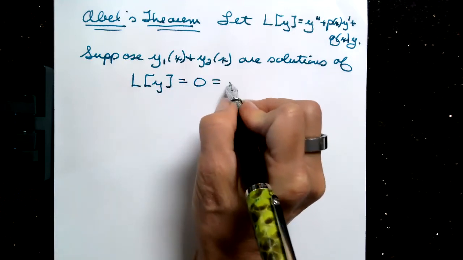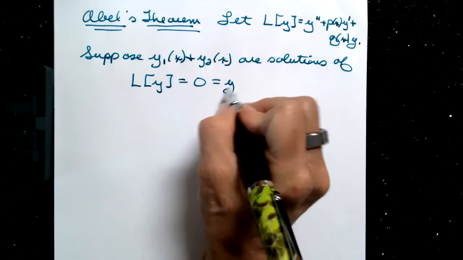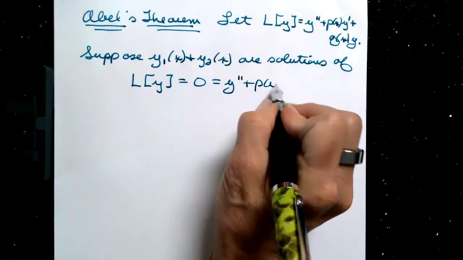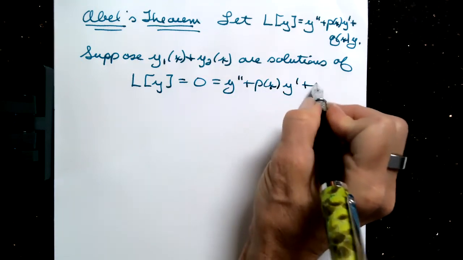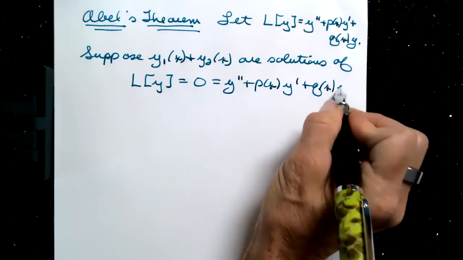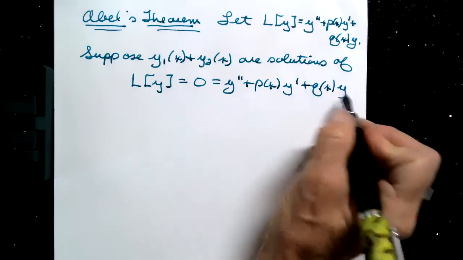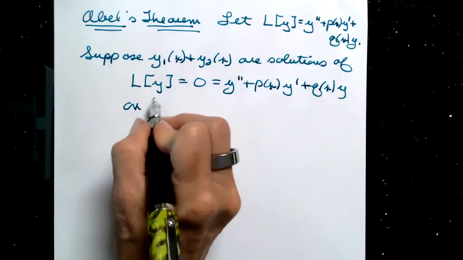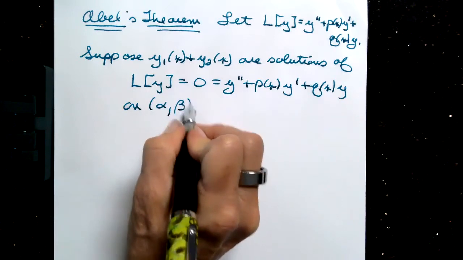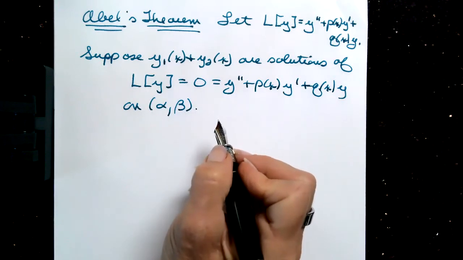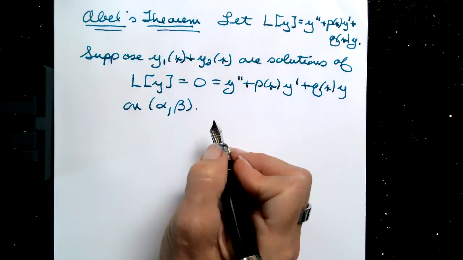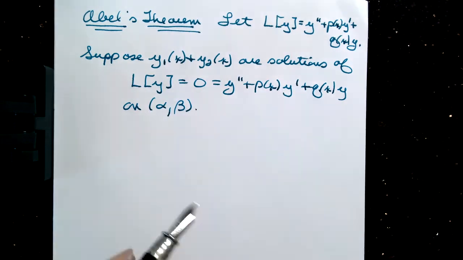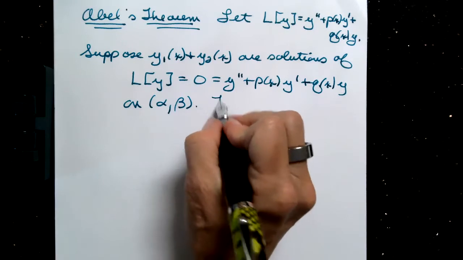That is to say, that's a differential equation y double prime plus p of x y prime plus q of x y equals 0 on some interval, let's say the interval from alpha to beta in the real line, okay? So y1 and y2 both satisfy this differential equation.